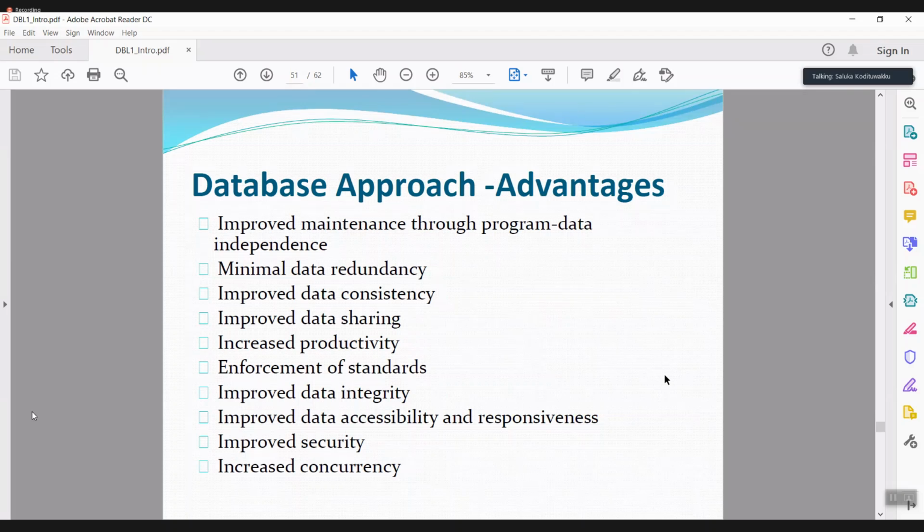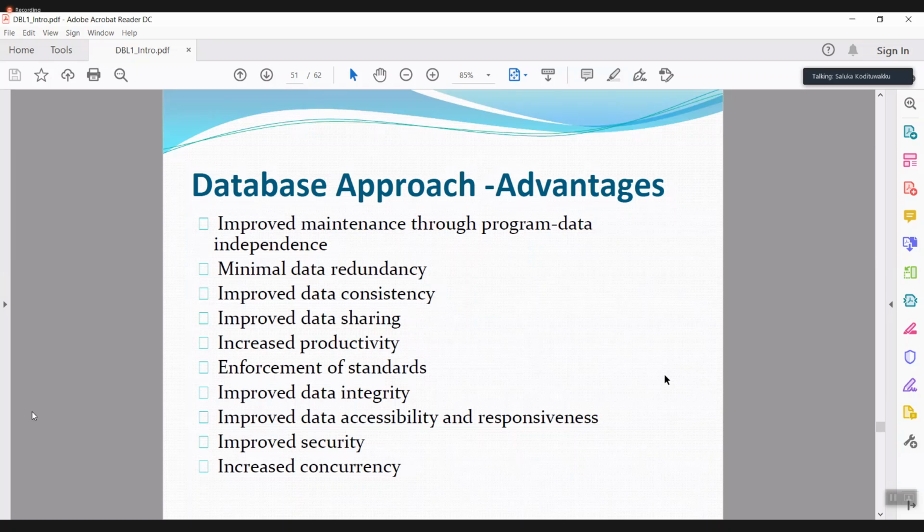But the other way around is possible, because a number is a collection of characters, and therefore you can enter a number as text. But anyway, inconsistent things are not allowed. And then data sharing is improved. Why is data sharing improved? Because unlike the file processing approach, multiple users can access the database, and therefore sharing is facilitated.